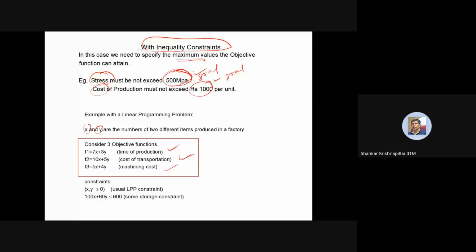Actually, it's not minimization. In goal programming, we are not doing minimization or maximization. We are simply seeing if a goal can be attained. We'll see if F1 can reach a goal, F2 can reach a goal, and F3 can reach a goal. And it is subject to some usual constraints.